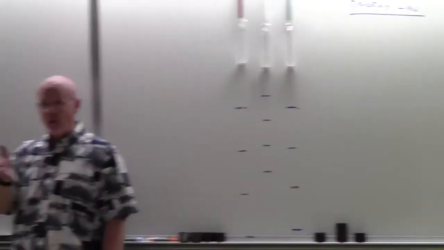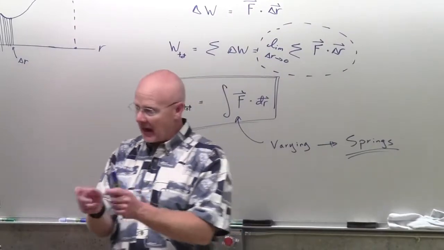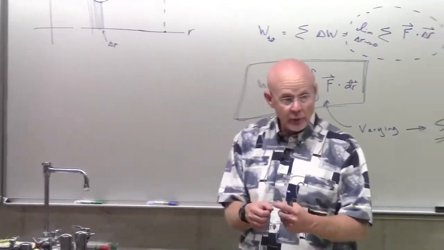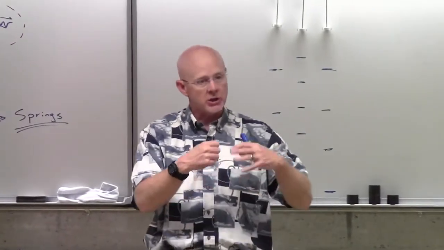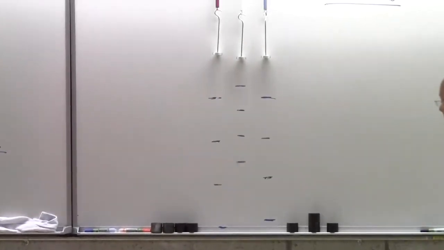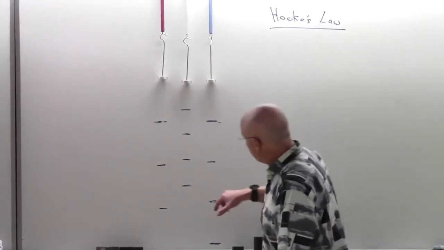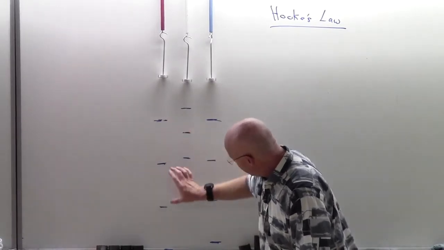The amount of force from a spring is not a constant number. It depends on how much you stretch the spring. If you only stretch it a little bit, you only get a little bit of force. You stretch it a lot, you get a lot of force. Notice also that every time I added one of these 500 grams, didn't it stretch by the same amount?